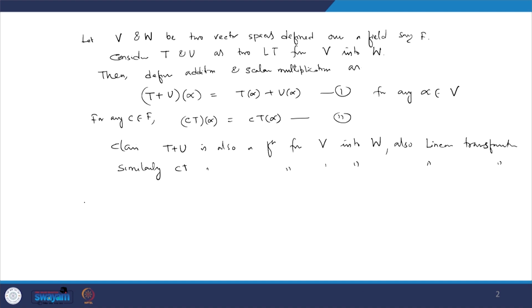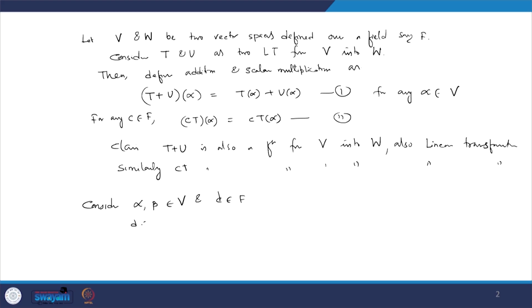For linear transformation we have to consider alpha, beta belongs to V, any two elements, and say d belongs to capital F, any scalar.